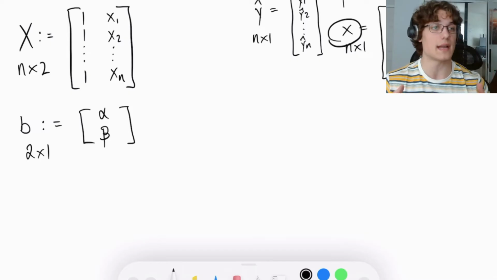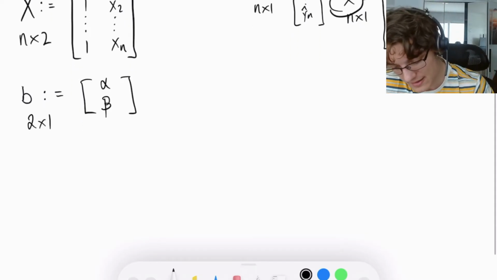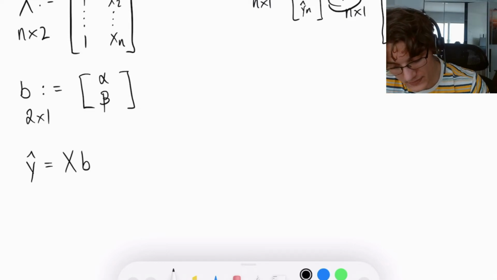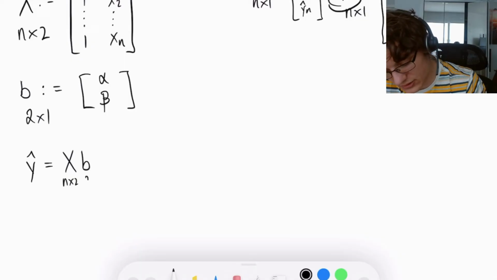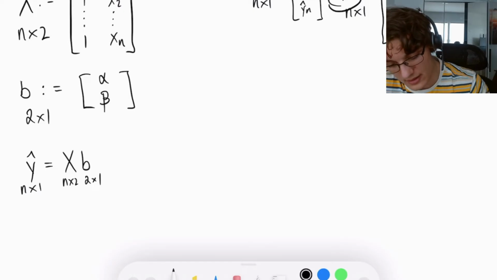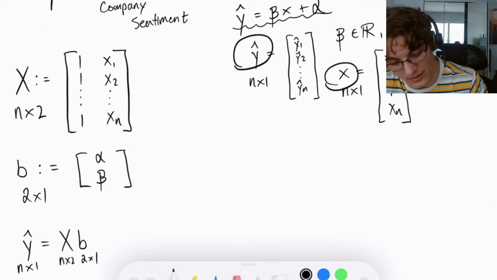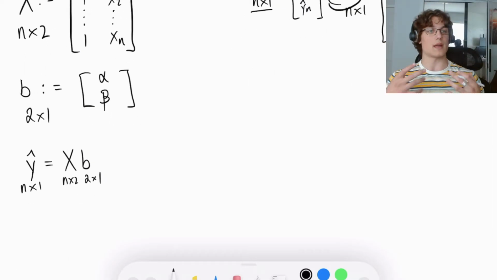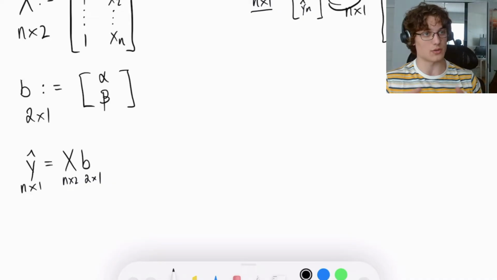This is going to allow us now to concisely represent y hat as the dot product between X and b. Now, if you recall from linear algebra, we look at the dimensionality. We have n by 2 and 2 by 1. Thus, these 2's cancel out, and y, or y hat rather, is going to be n by 1, just like we have up here. We have n by 1. So this is a much more concise way of representing that original equation using matrices.